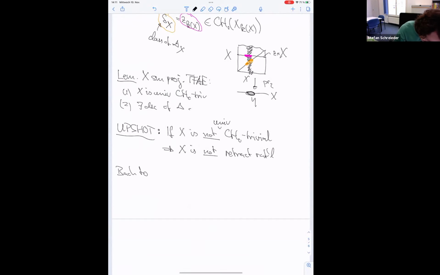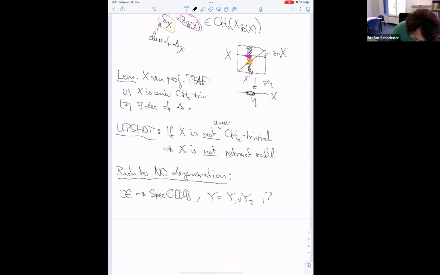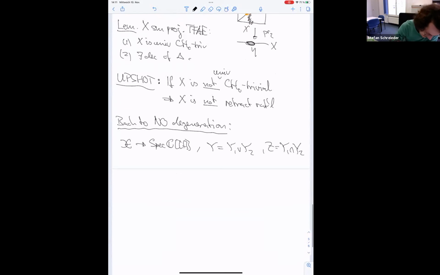Okay, so now back to the Nicaise-Ottem degeneration. So what's our problem? We have a semi-stable degeneration. The special fiber has two components. The intersection is integral.